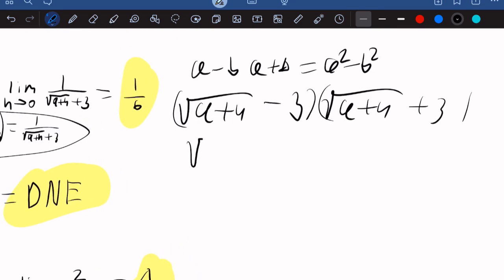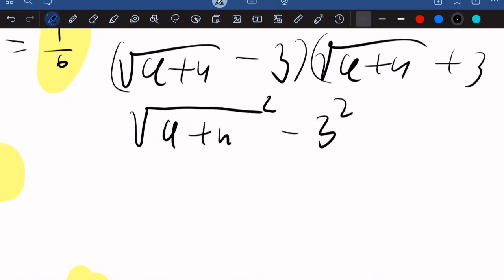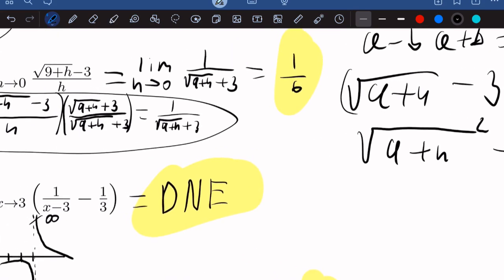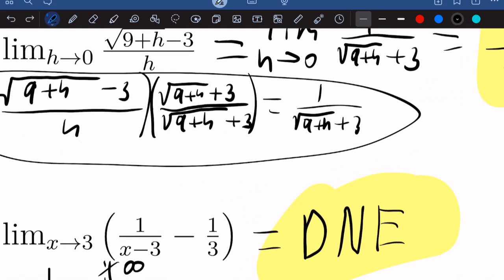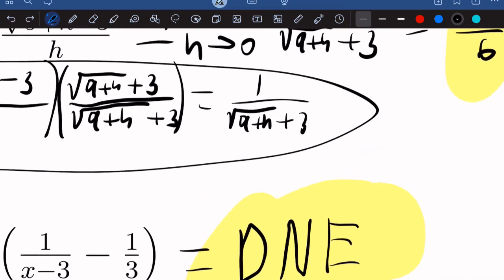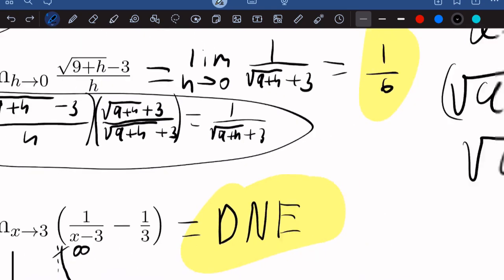That's going to be the square root of 9 plus h squared minus 3 squared. 9 plus h minus 9, you get h. And then since there's an h down here, that h cancels out with the top h, which leaves you with this.